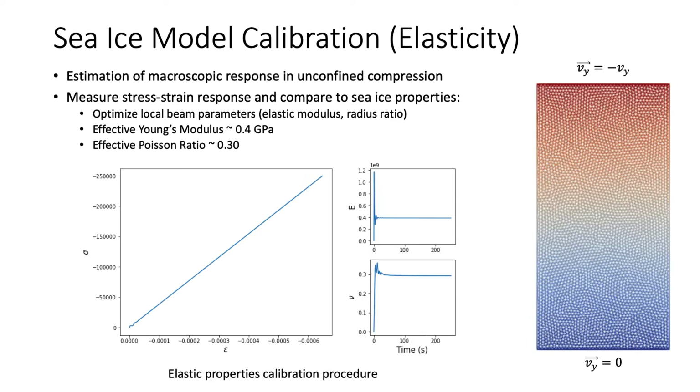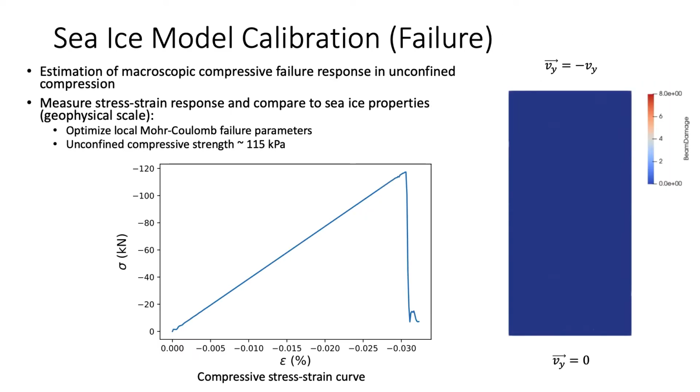But we've been thinking about other ways to move beyond these kinds of calibration procedures, in particular using peridynamics instead of these cohesive methods, and we've had success there going forward.